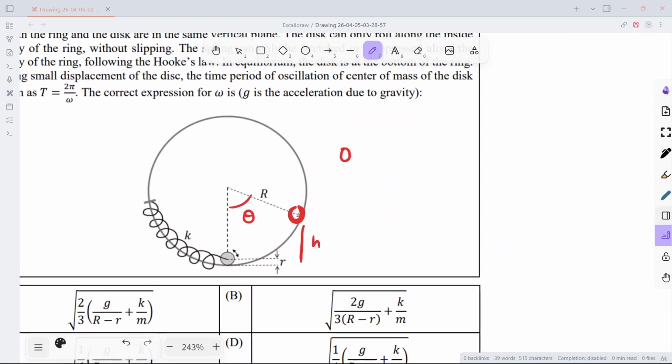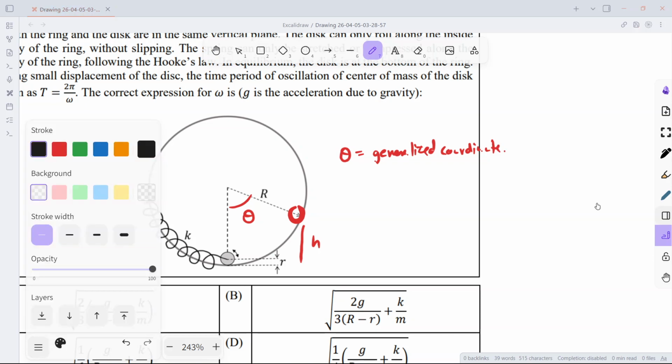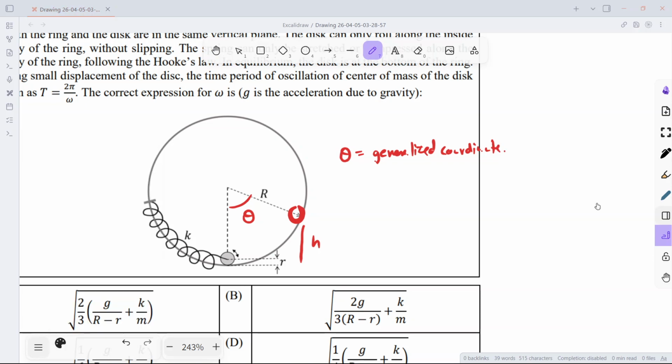So theta is going to be my generalized coordinate, and this is what will describe all my motion.